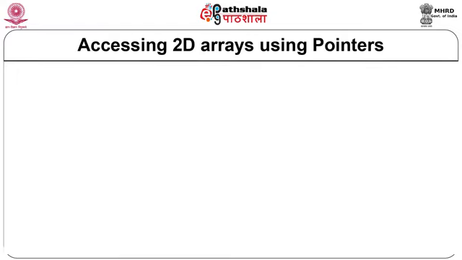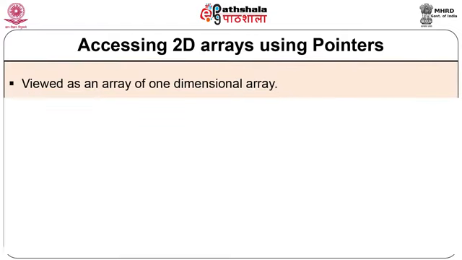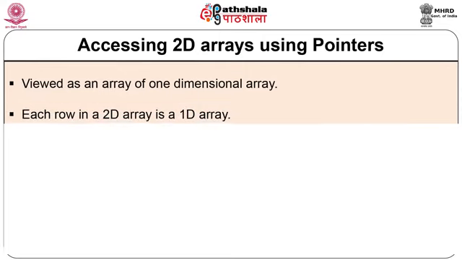Two-dimensional arrays are viewed as an array of one-dimensional arrays. That is, each row in a two-dimensional array is a one-dimensional array, as we have seen in the figure.